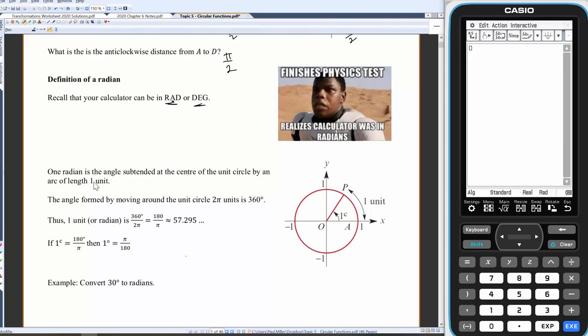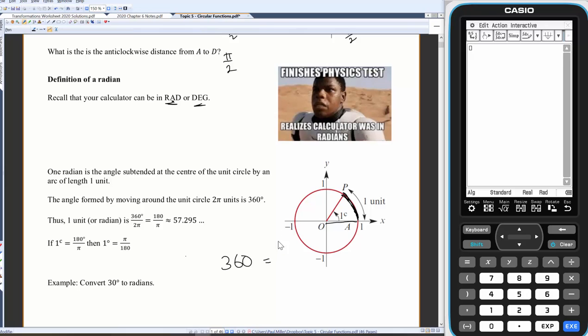Okay, so what is 1 radian? Well, a radian is the angle subtended at the center of the circle by an arc of length 1 unit. So if I grab this one here and wrap it around the unit circle, that's what we call a radian, this distance here, okay? The way to think about how that could be acquired is, you know that the full distance around here is going to be either 2 pi or 360 degrees.